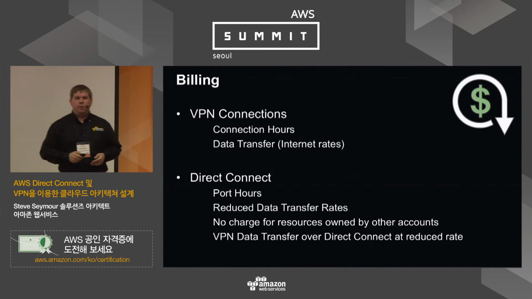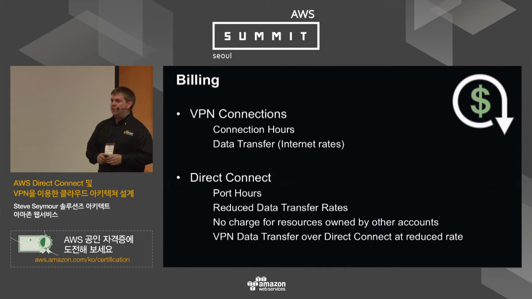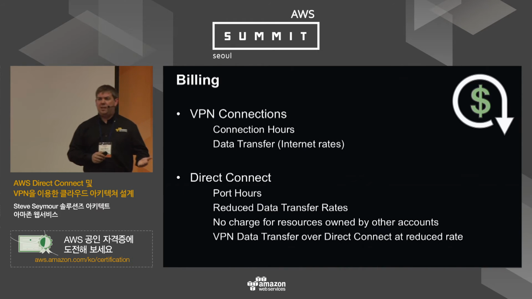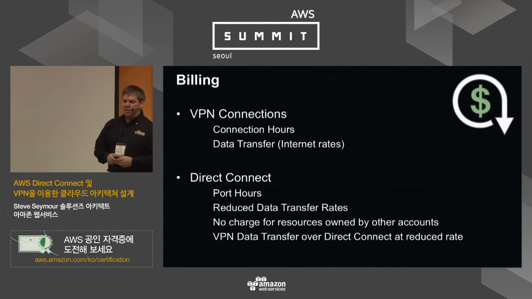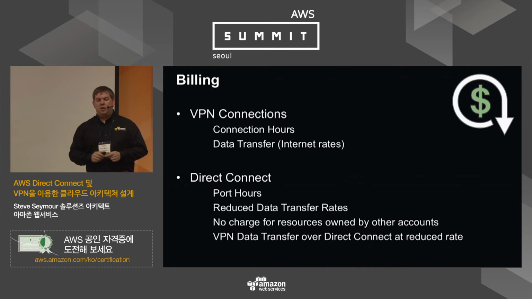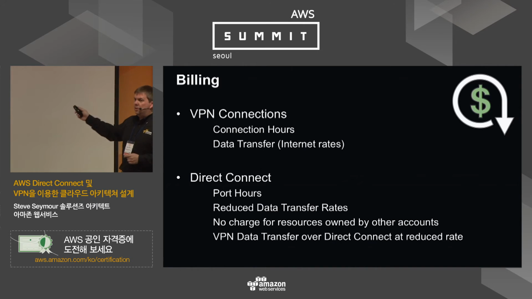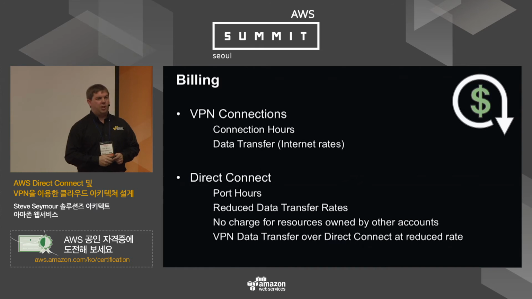But we also provide you with reduced data transfer rates. So if your data transfers over Direct Connect, it's a lot less than transferring over the internet. And finally, if you do the last diagram that I showed, where you're running a VPN over a public virtual interface, you'll benefit from the reduced rate of data transfer that Direct Connect provides.